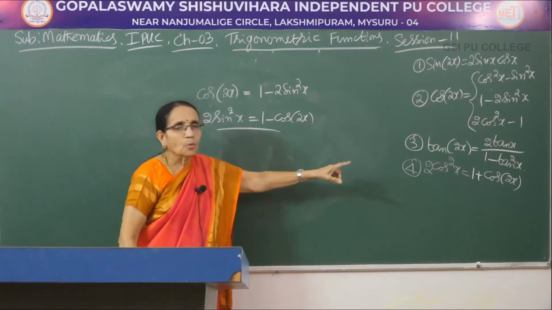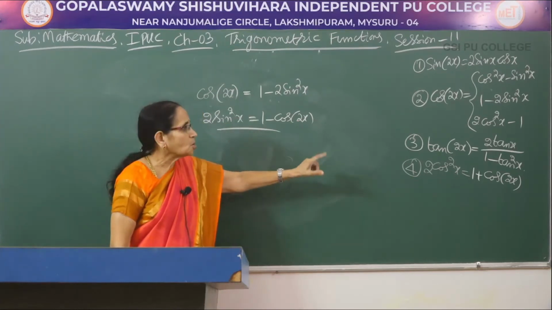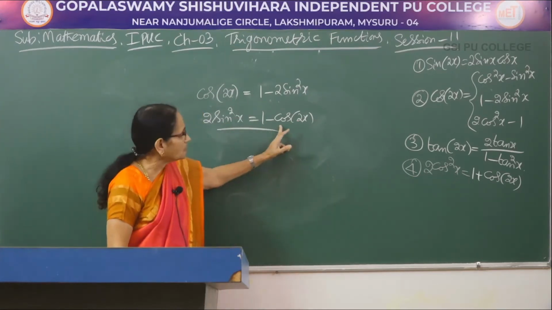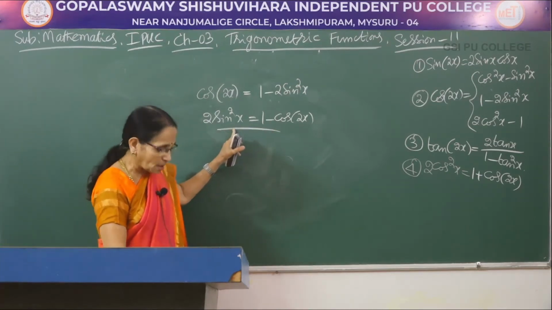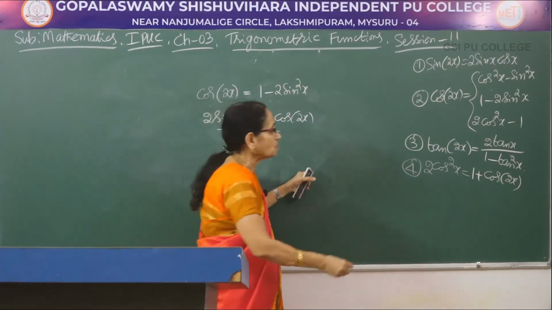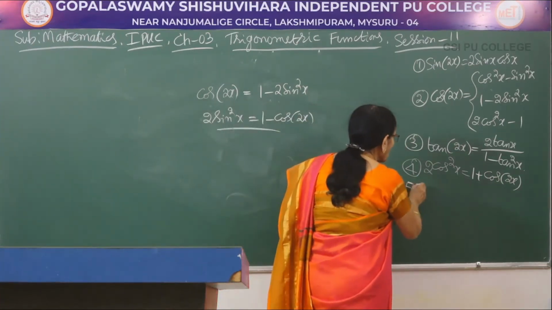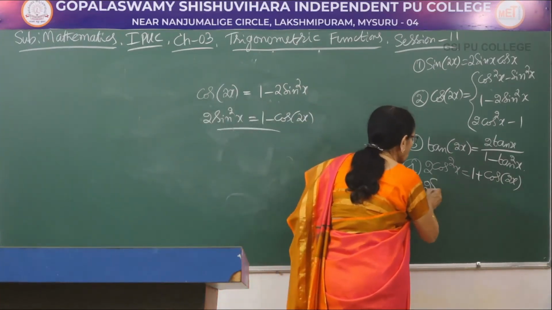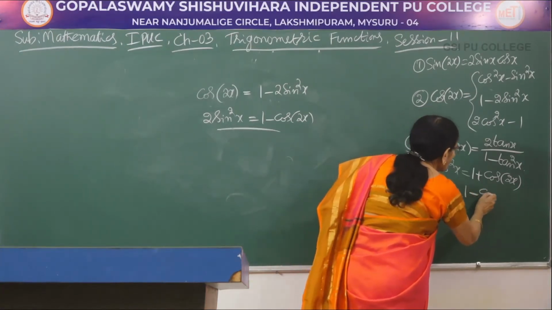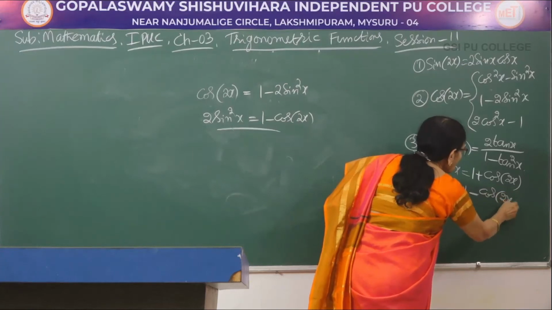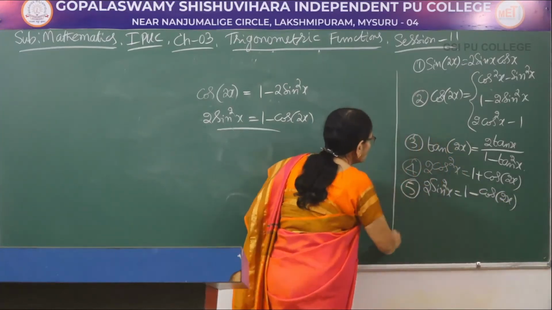You observe that 1 plus cos of 2x is 2 cos square x, and 1 minus cos of 2x is 2 sin square x. So, here the power of sin x can now be expressed in terms of the multiple angle, but be careful about the sign. It is sin square x means 1 minus, and cos square x means 1 plus. So, these are the formulas.